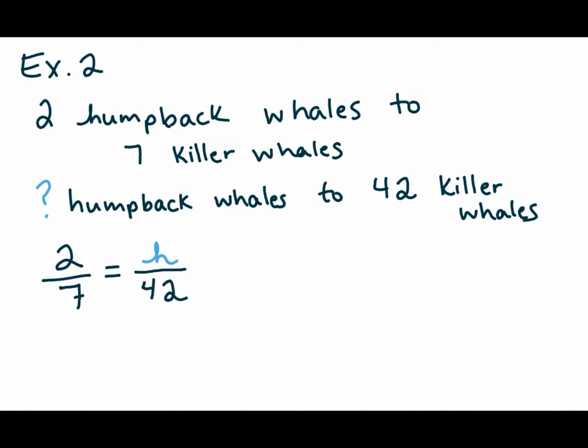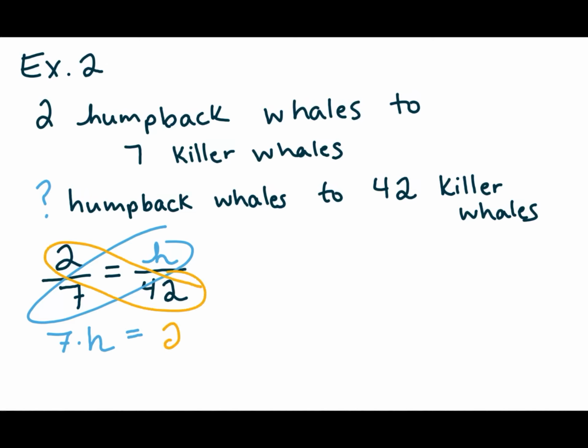Again, I'm going to solve this problem 2 ways, but this time I am going to start with the cross multiplication method. Recall again that equal fractions have equal cross products. So I'm going to use that to help me figure out this unknown.